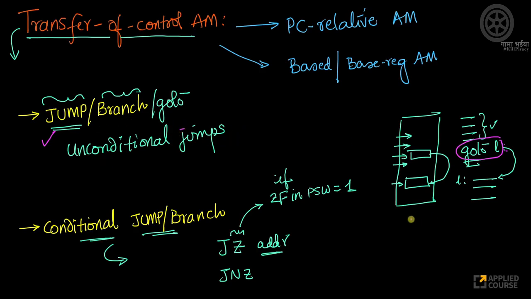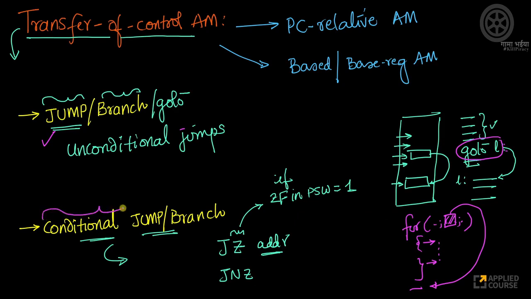On the other hand, you have your for loops. This is your for loop. You have a condition that you check as part of your for loop. If the condition is false, then you directly jump to the line that is after the for loop. If the condition is true, you go into the for loop and execute these statements. So this for loop can be converted into conditional jump statements.